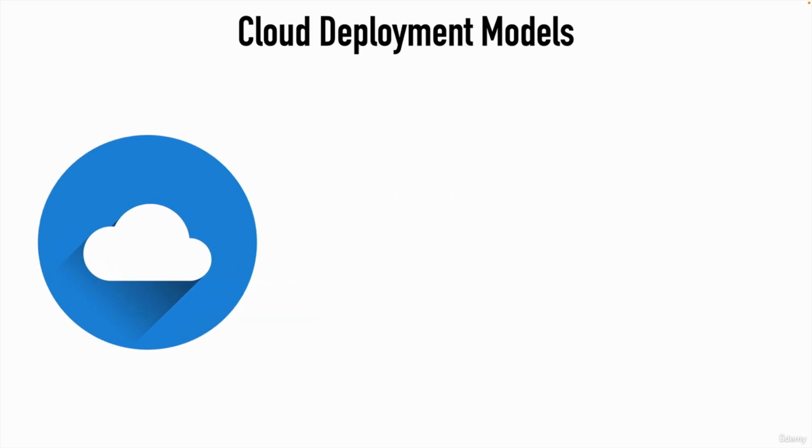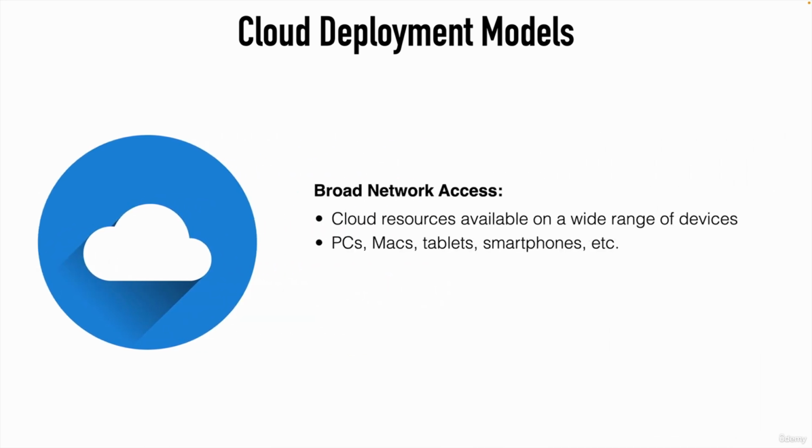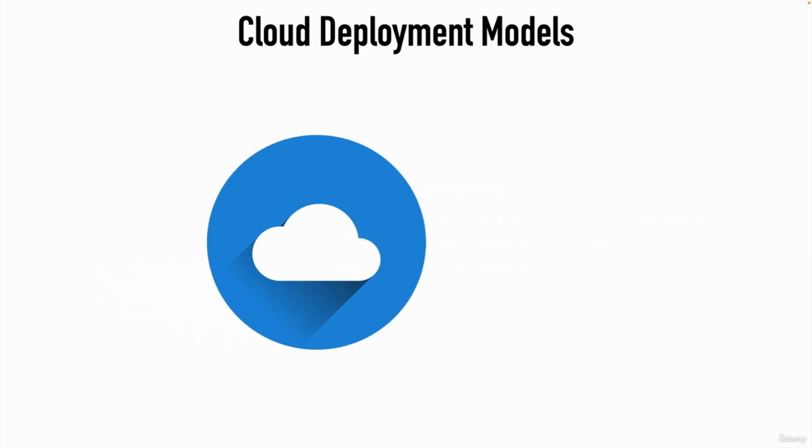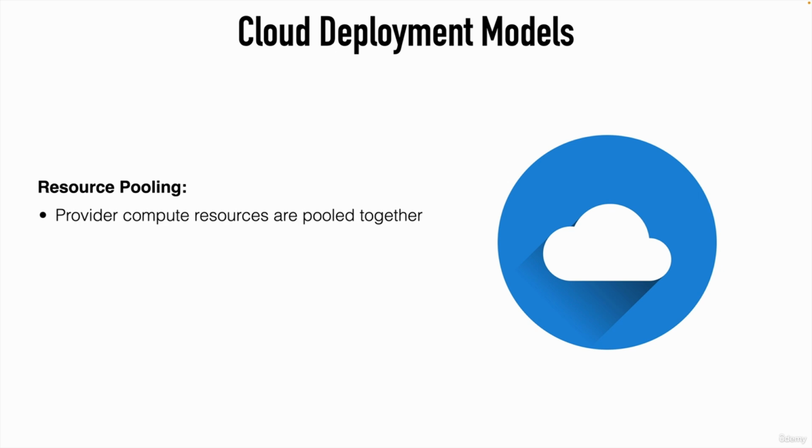The second characteristic is broad network access. This means cloud-hosted resources are available on a wide range of devices such as PCs, macOS, tablets, and smartphones. This also means that these resources are available from any location wherever there is access to the public internet. The next characteristic is resource pooling.